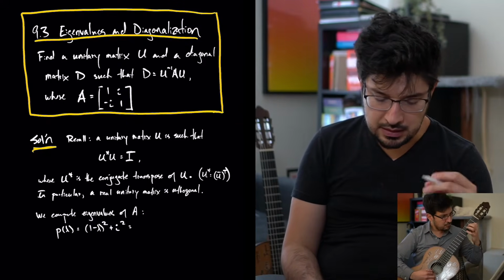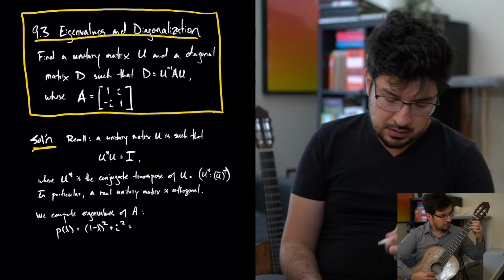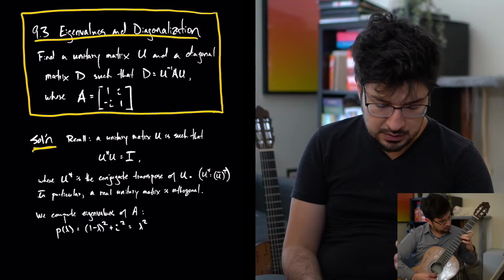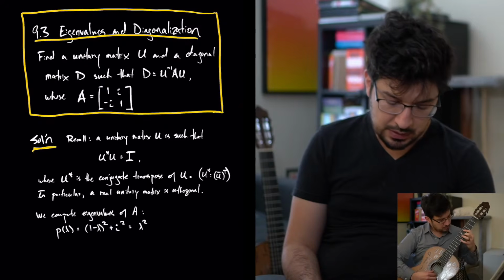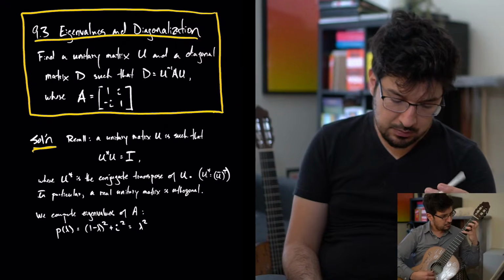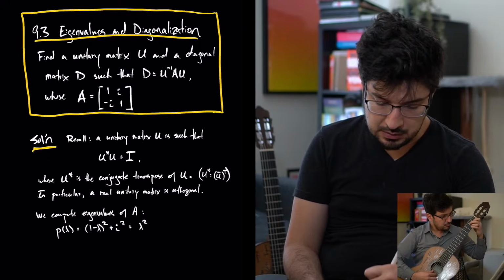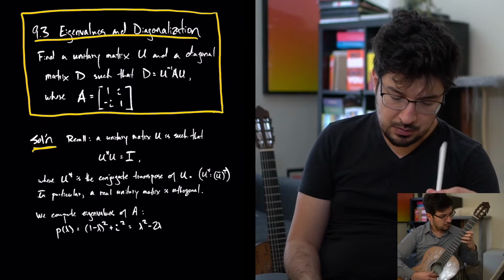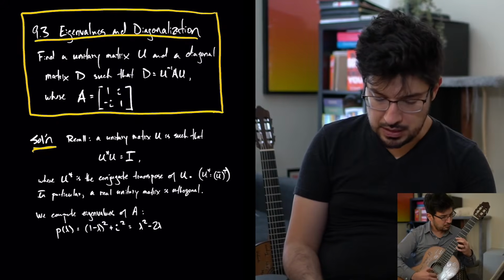And this is lambda squared minus 2 lambda plus 1 minus 1.